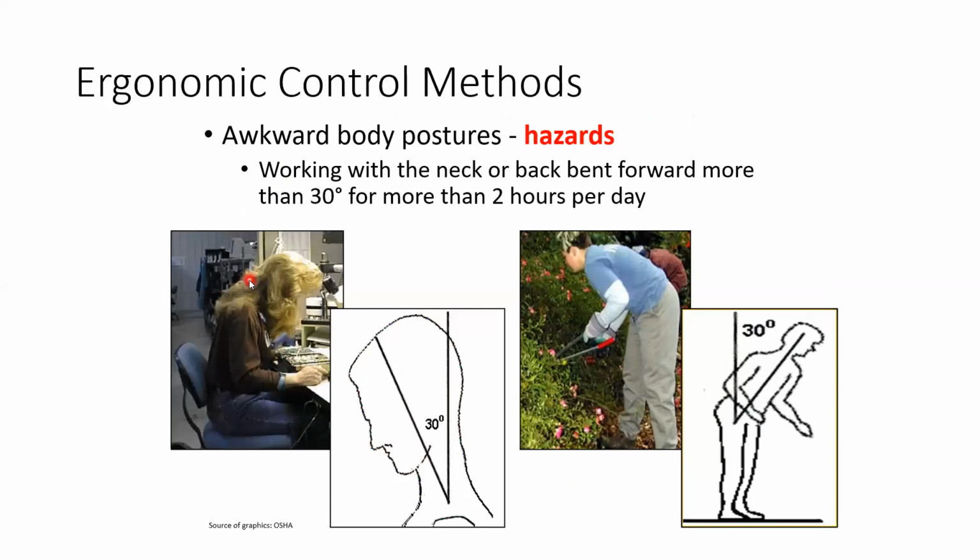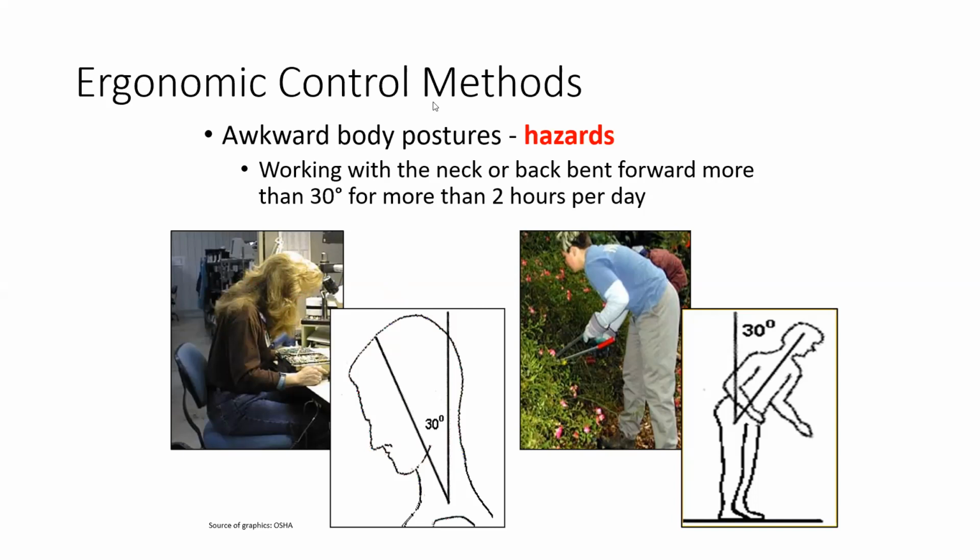Okay, here is another one. If you look with me at this awkward body posture hazard, this woman is working with a microscope, or I think she is in a laboratory.